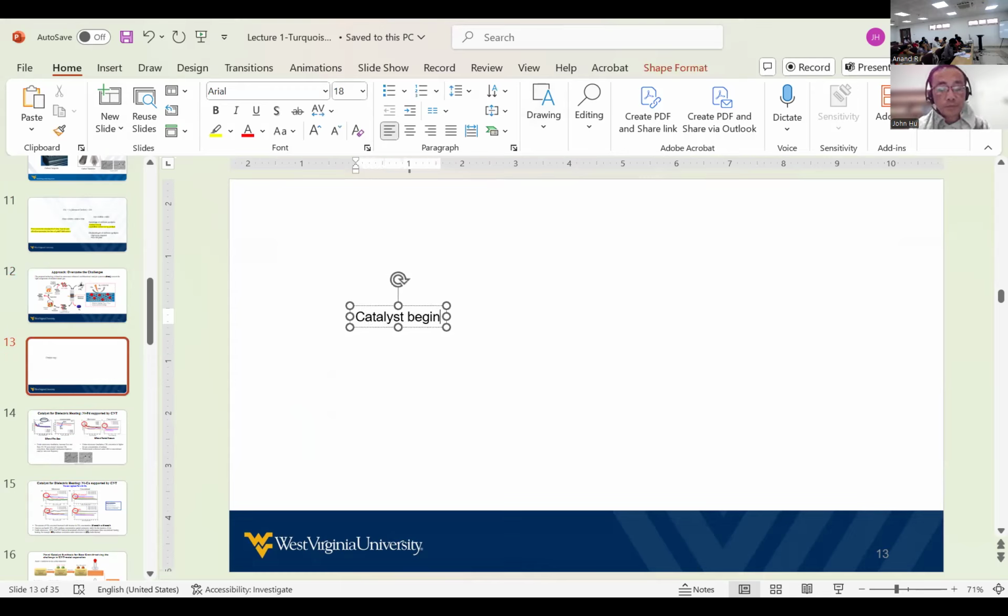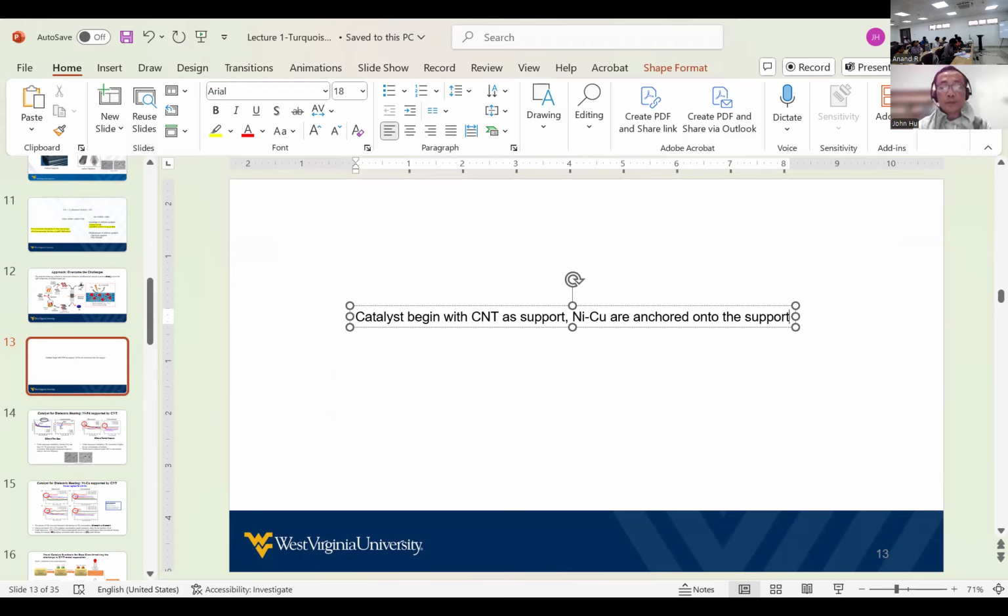So basically, catalyst begins with a CNT as a support, and nickel and copper are anchored onto the support. Okay, so this is how we make the catalyst. First we use the CNT as a support, then we have nickel and copper, which are the active sites.